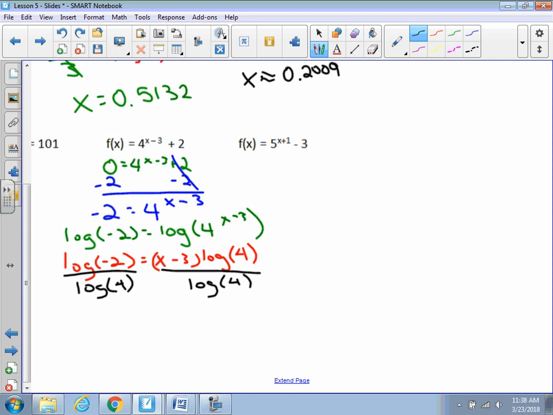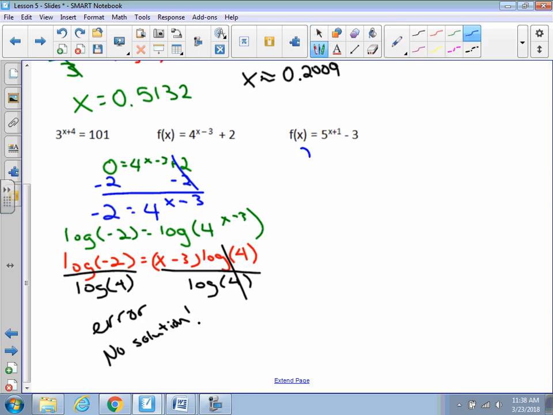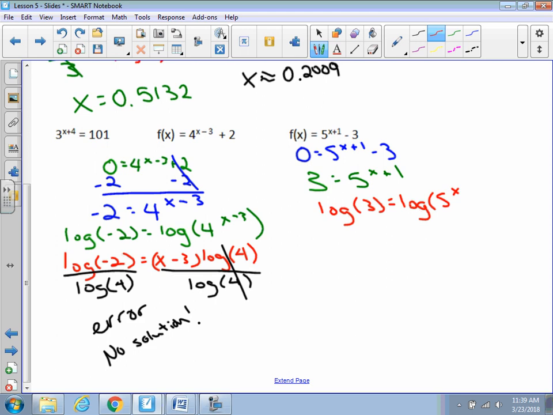All right, and then our last example right here, let's again set it equal to 0. Add 3 to both sides. Take the log of both sides. Use your power property. So log of 3 equals x plus 1 times the log of 5.